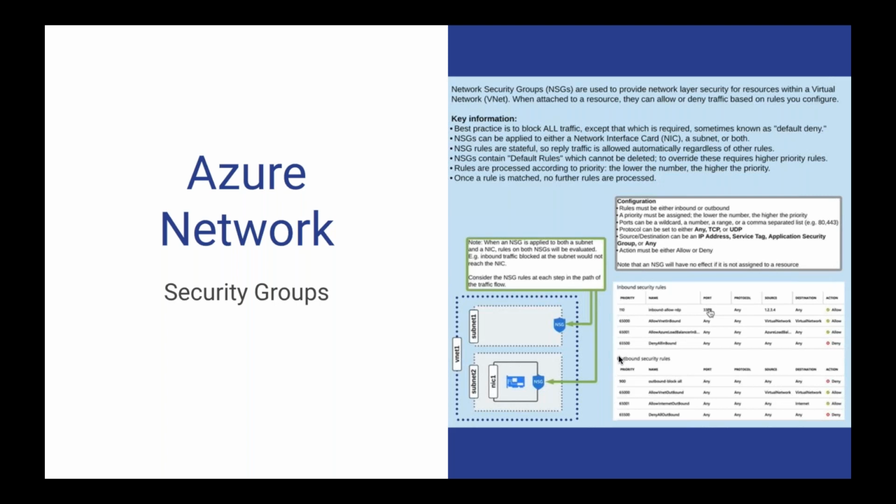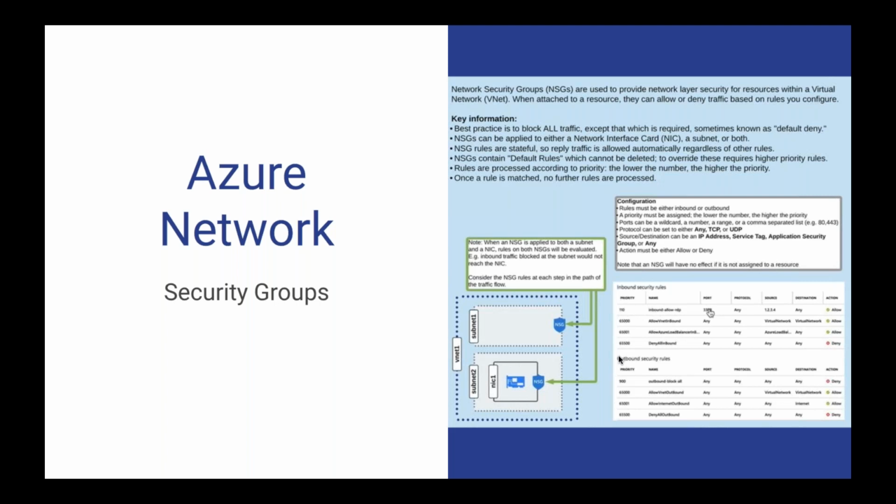Now if my rule priority is 100, which is the least one, and I allow port 80, then when the incoming traffic hits port number 80, the traffic is validated on which port number it is going for.